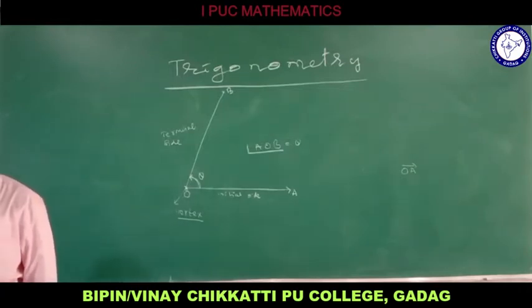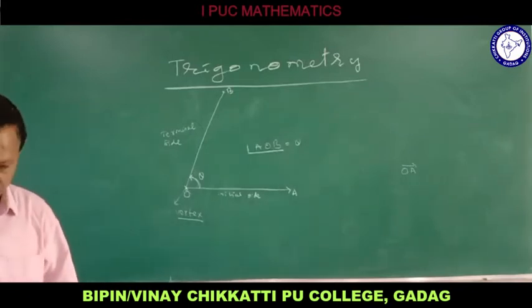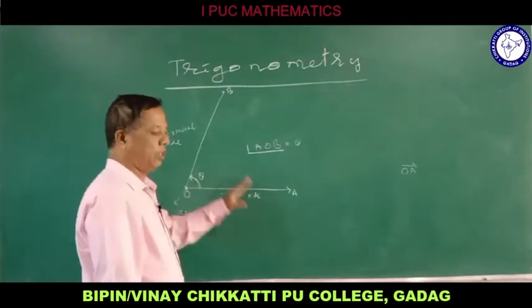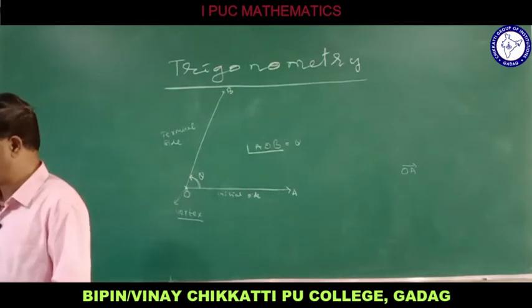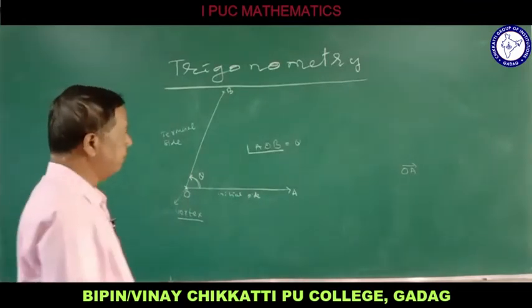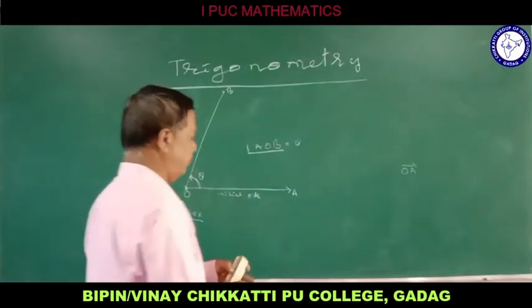And here OA and OB are respectively the initial and terminal sides of the angle, and the amount of rotation from initial side to terminal side is called the measure of the angle. And here we have to tell that an angle may be positive or negative.